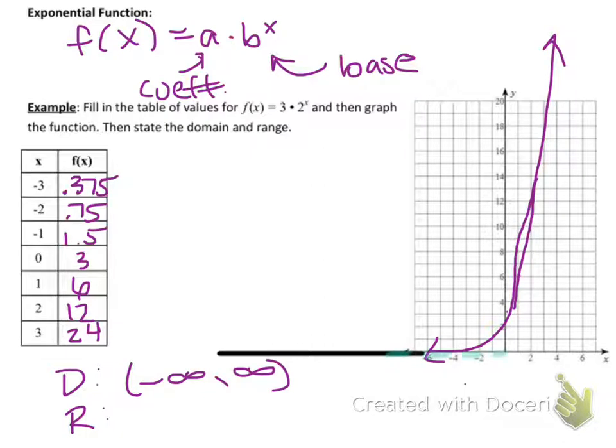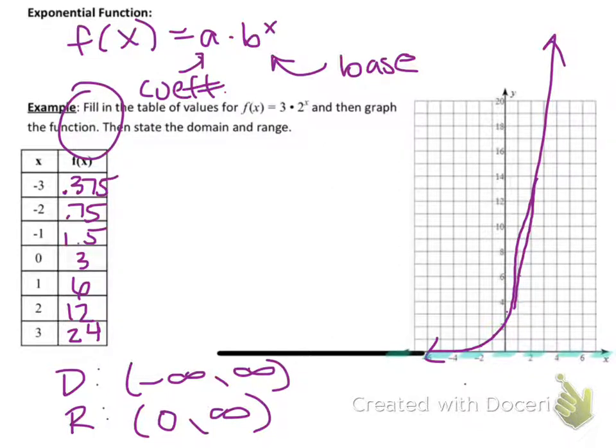So this graph is leveling out at this horizontal value of 0. So my range is going to be from 0 to infinity. Notice I put a parenthesis there because my graph will never actually touch 0. You can keep moving your graph to the left, or you can put more x values in, and you're going to notice that all of those matching y values will get very, very close to 0. But we'll never go past 0.